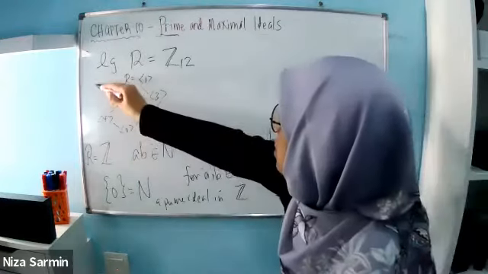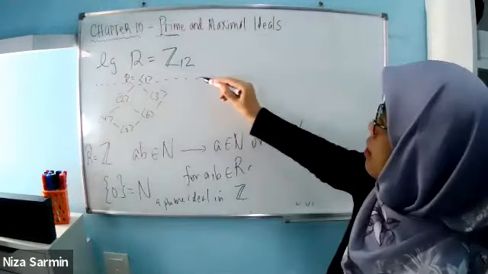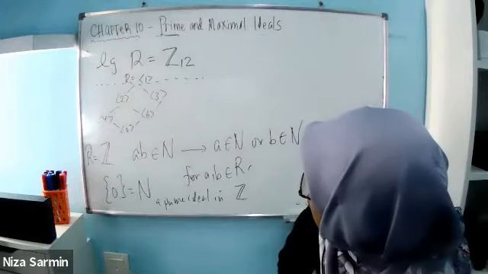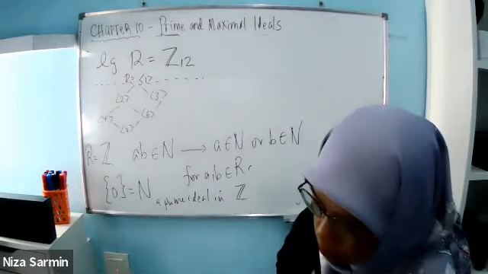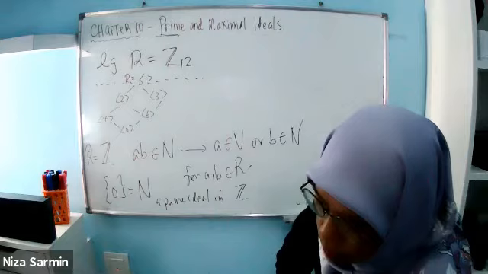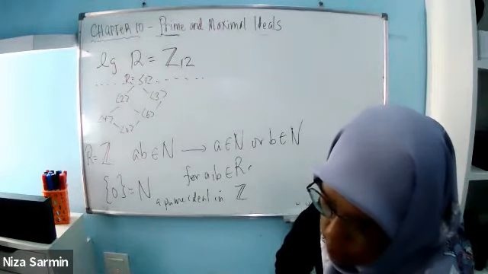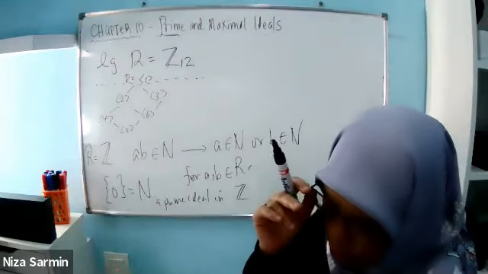Now we don't want this R. Why do I have 1 there? I don't want a 1.